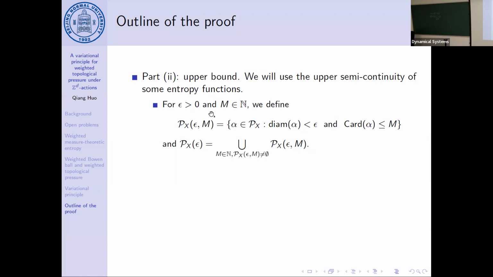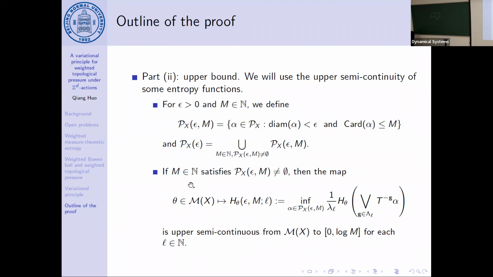For epsilon positive and a natural number m, we will define the epsilon-m partition as the partition alpha such that the diameter of alpha is smaller than epsilon, and the cardinality of the cover is smaller than m. The epsilon partition is the collection of this quantity over all m.